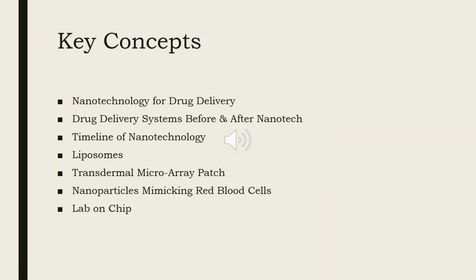Key concepts that we will go through in today's lecture include polymer for drug delivery systems before and after nanotechnology, timeline of nanotechnology, liposomes, transdermal microarray patch, nanoparticle mimicking red blood cells, and lab on chip.